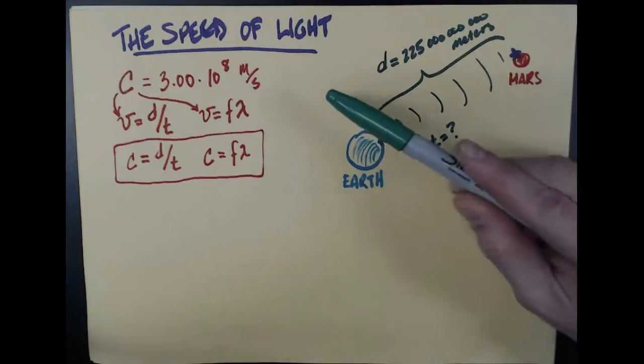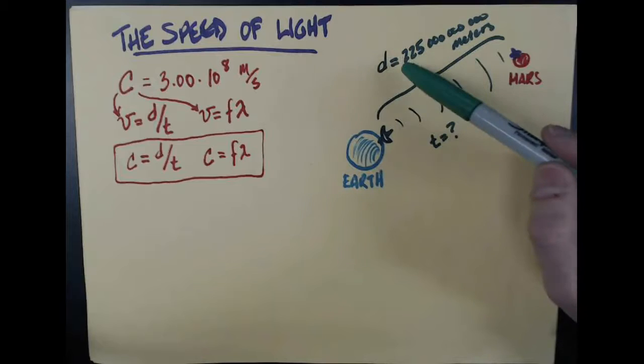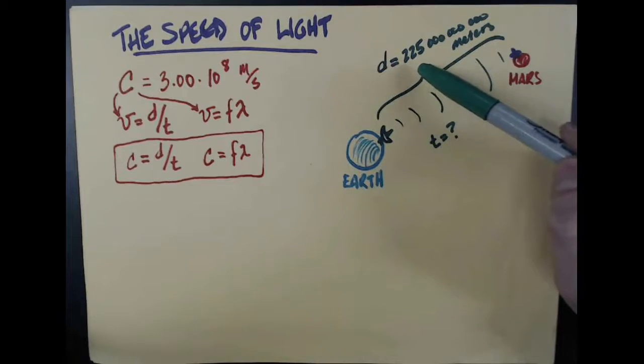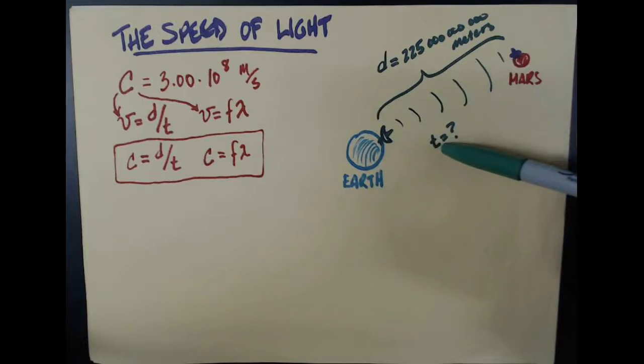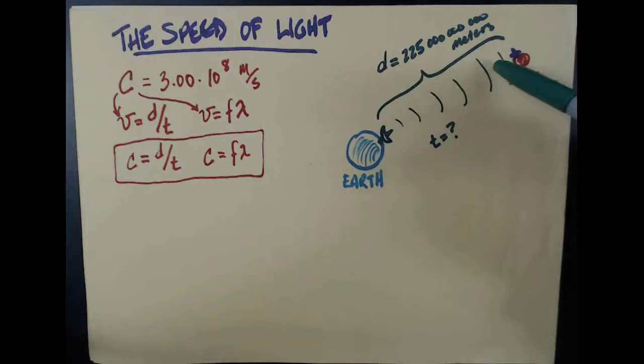Now you might be used to light traveling almost instantaneously fast from one place to another, but when we're talking about these kinds of distances, that's a pretty big distance. How much time would it take for the signal that you send from the radio antenna on Earth to get to your probe on Mars? That's the question.